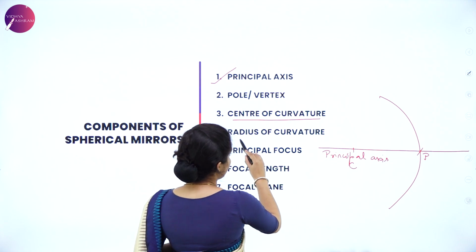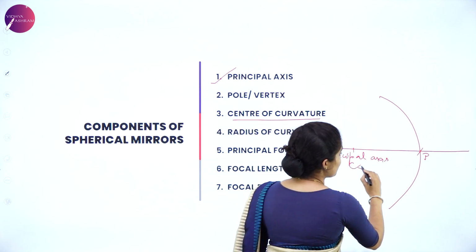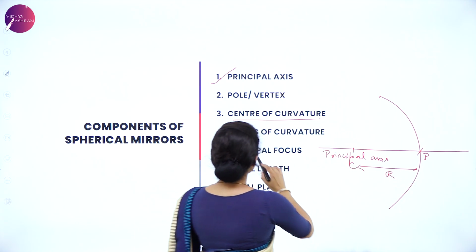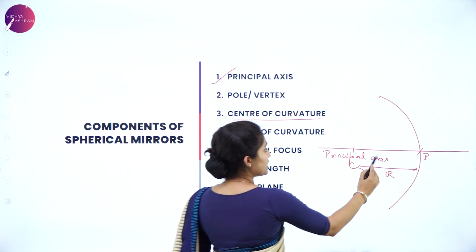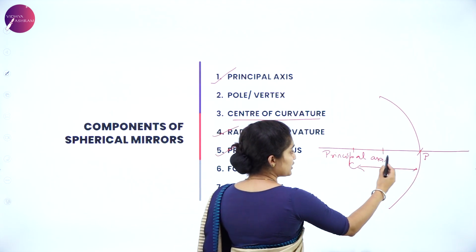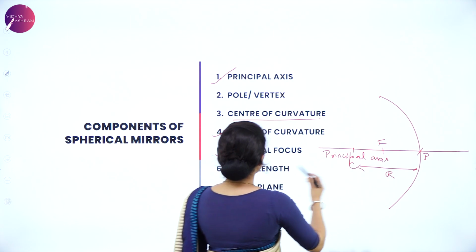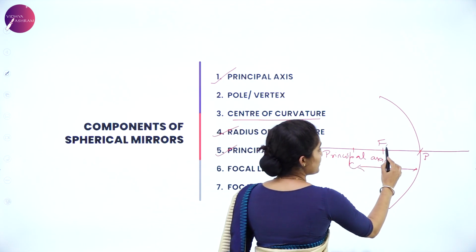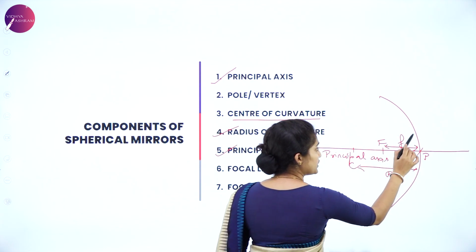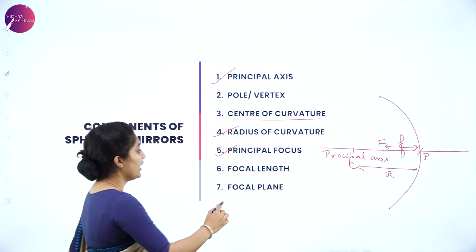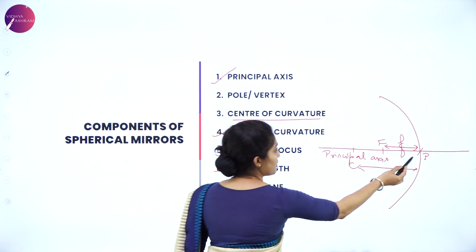Then we have the radius of curvature, that is the distance between the pole as well as the center of curvature. Next we have the principal focus, which is the midpoint between the pole and the center of curvature. Focal length is the distance between the principal focus and the pole, which is denoted by f. And next we have a focal plane. So this will be the focal plane.